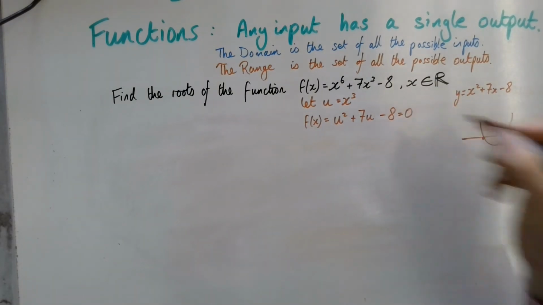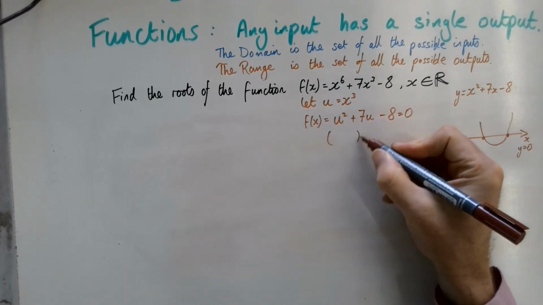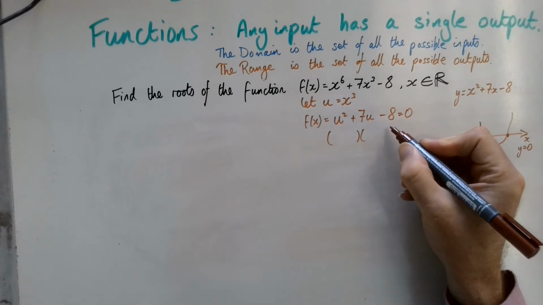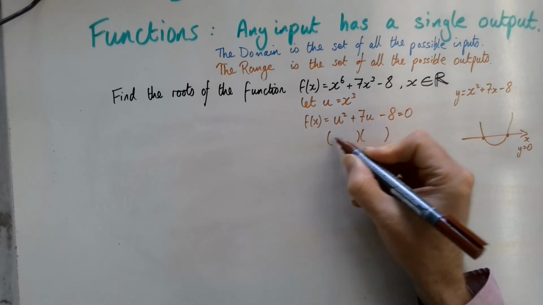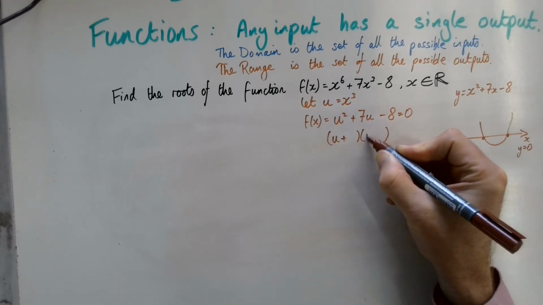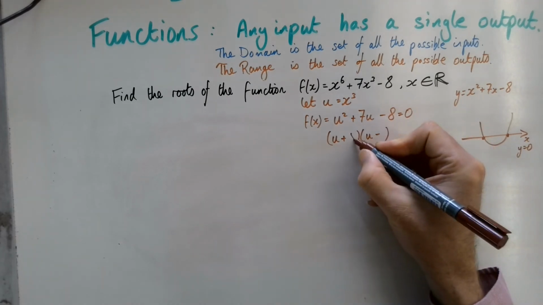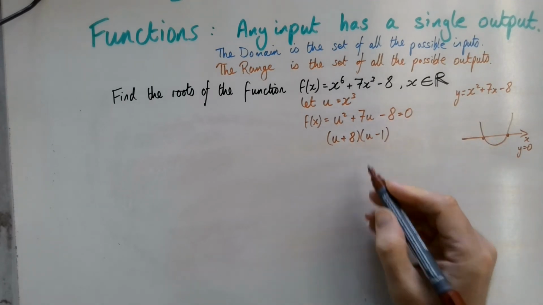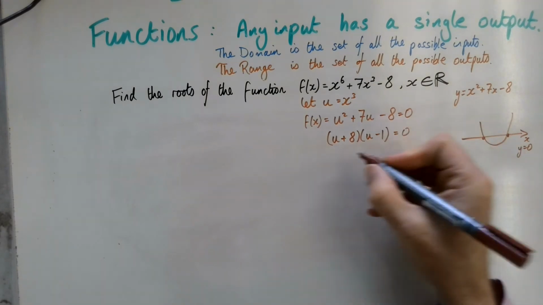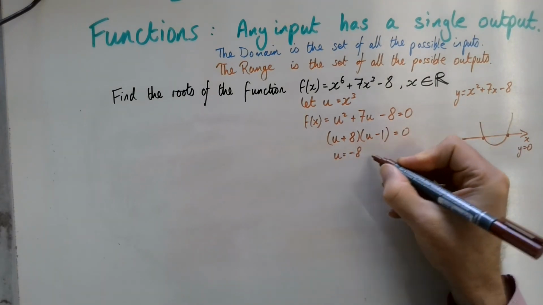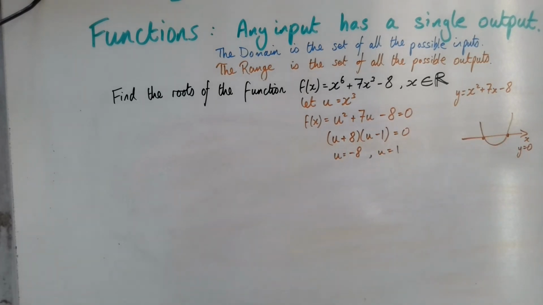Is it factorizable? Yes, it is, because 8 times 1 is 8, and the difference between 8 and 1 is 7. We're going to try to make a number that multiplies to make negative 8. So if I go positive 8 and negative 1, 8 take 1 is 7. That's going to give me 7u. So u equals negative 8, or u equals positive 1 to make those brackets equal to 0.